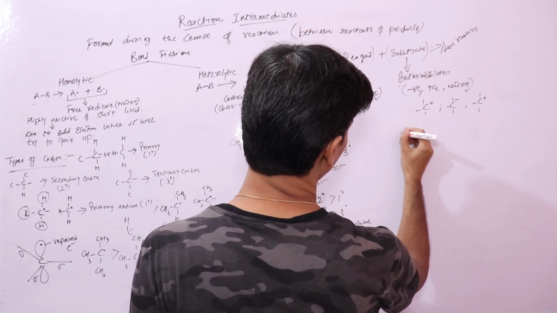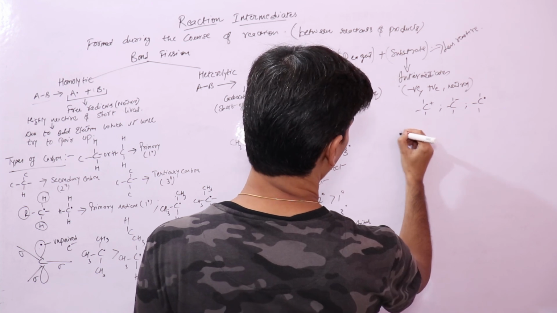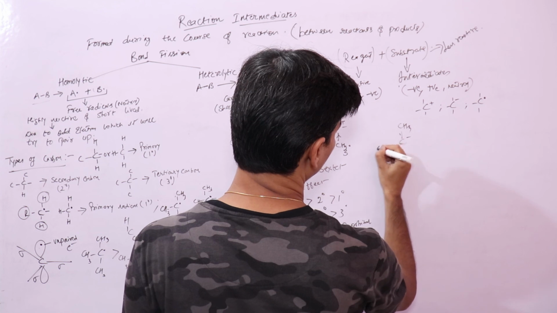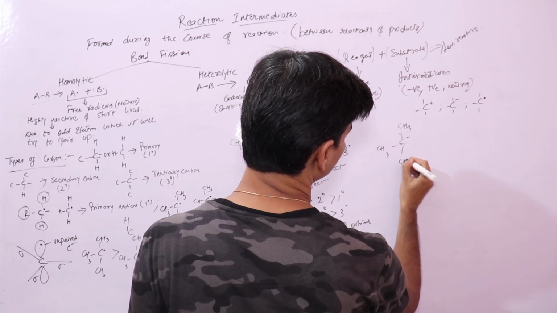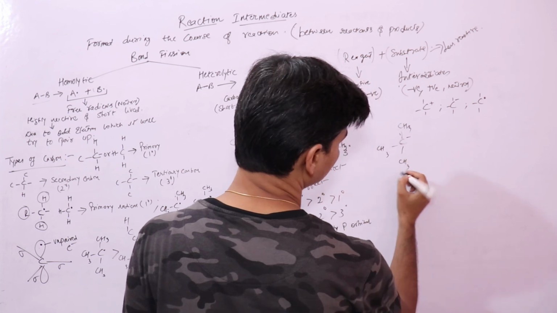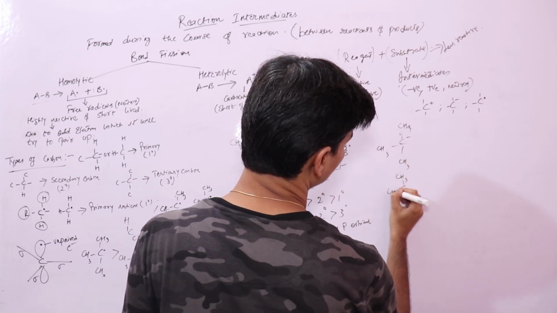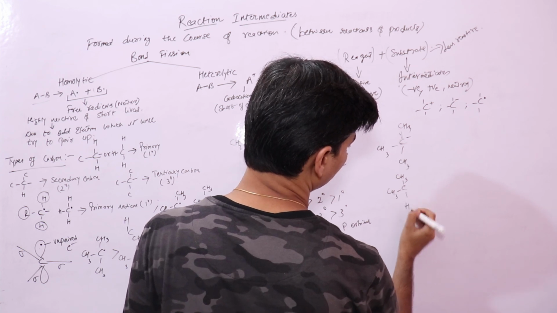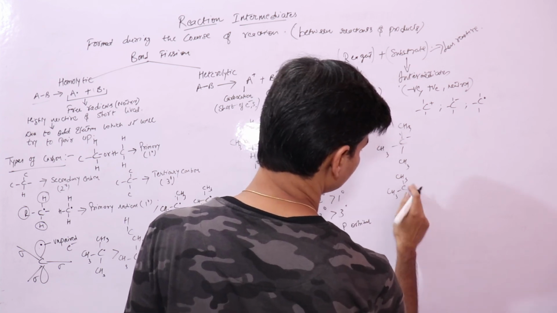So if you look at its reactivity, if it is like this, this is tertiary and this is your primary carbanion, I'm sorry, and this is your secondary.